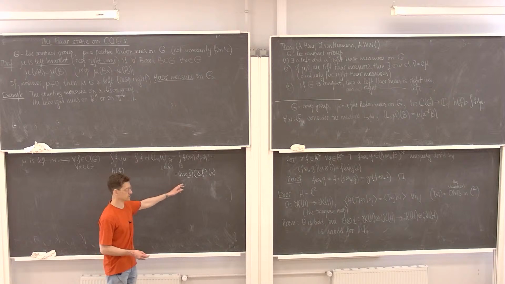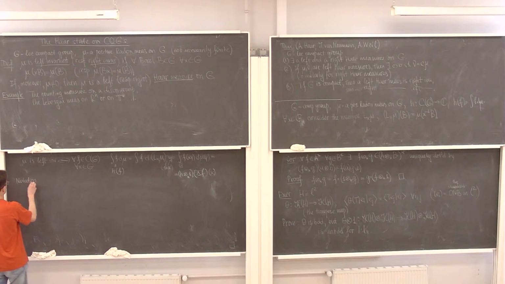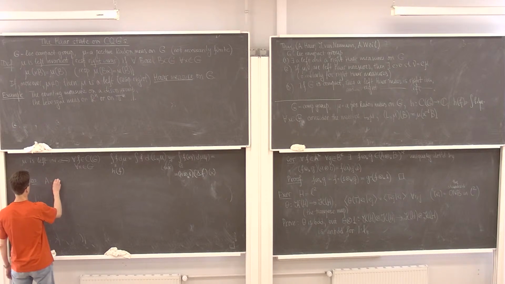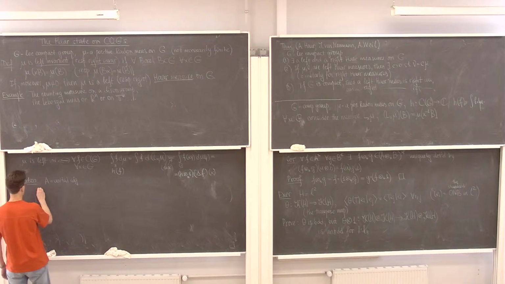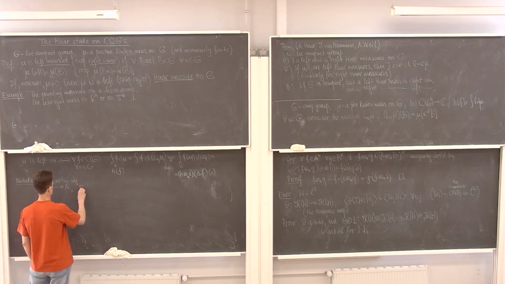To make this formula even more compact, we introduce some more notation. If A is a unital algebra, let's denote by eta the homomorphism from the complex numbers to A, given by the following simple formula.